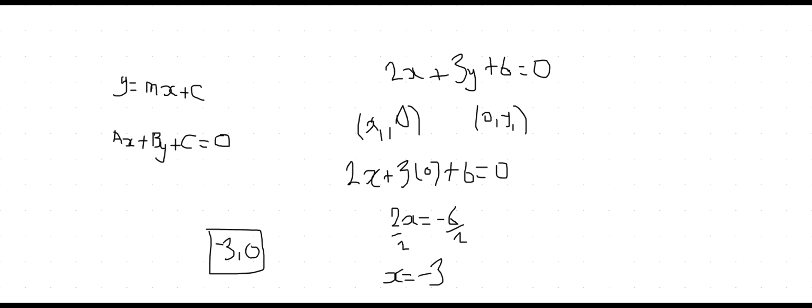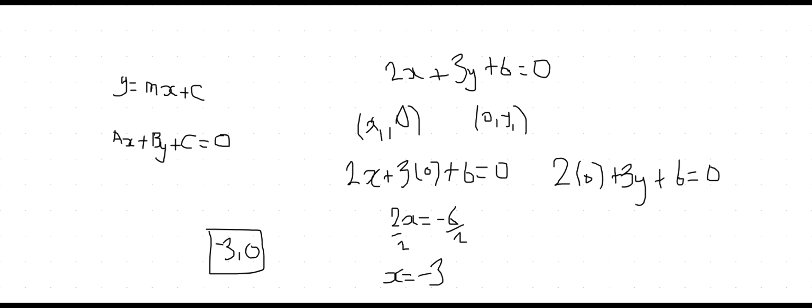Then we do the same for the y. Using the same equation, since on the y-intercept x is 0, we replace x with 0. So 2x multiplied by 0 plus 3y plus 6 is equal to 0. Then 2 times 0 is 0, we remain with 3y plus 6.